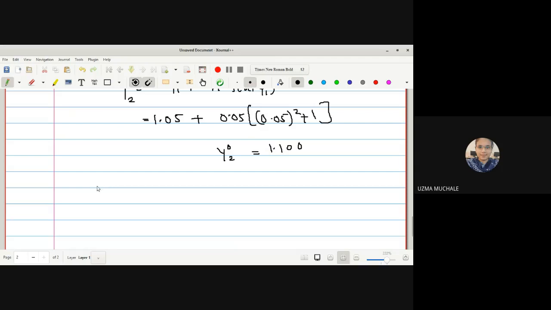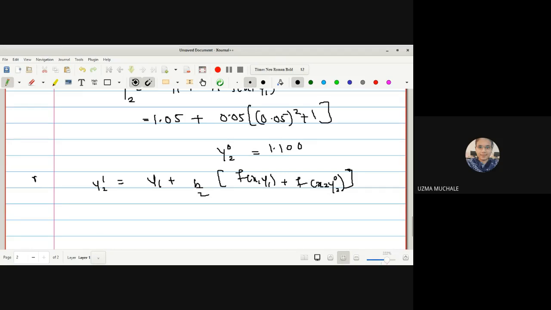For Euler's modified method, we have to use y2 dash is equal to y1 plus h by 2 times f of x1 y1 plus f of x2 y2 naught.